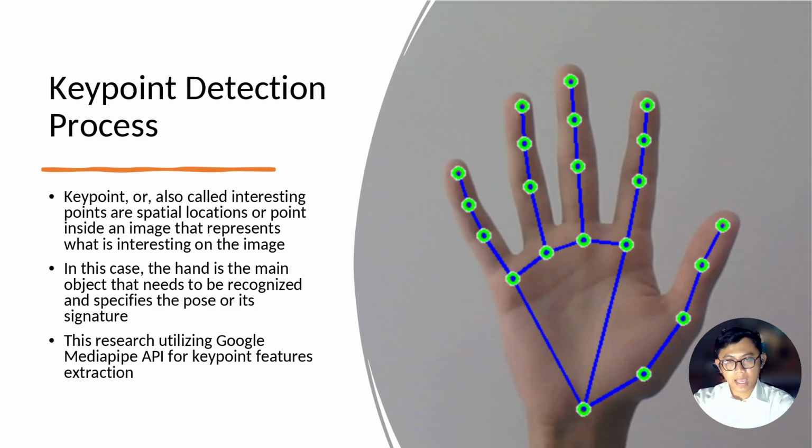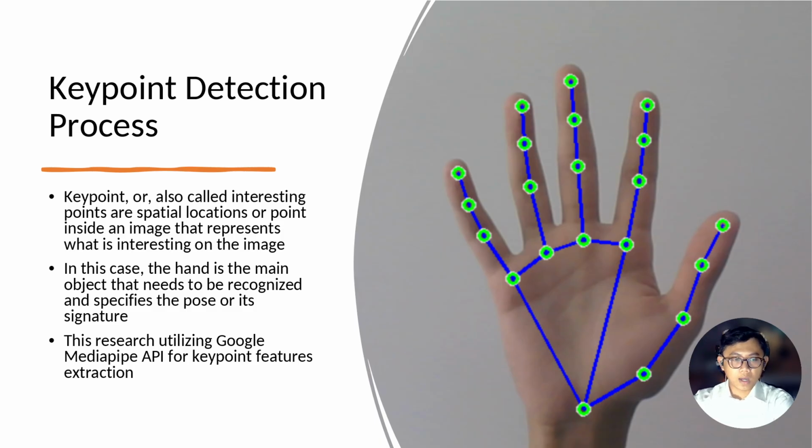This research utilizes the Google MediaPipe API for key point feature extraction. There are several reasons why we utilize Google MediaPipe. Our main reason is that Google MediaPipe is a free tool that we can access, and we can also integrate it with many other programming languages such as Python or anything else.